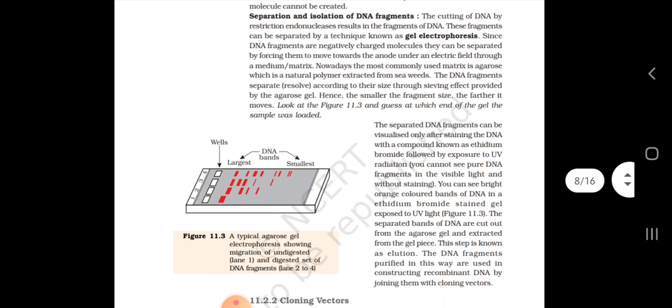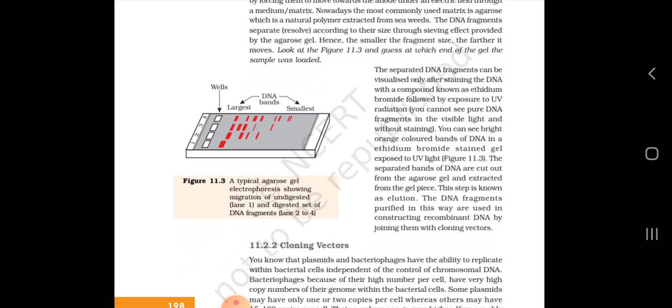The agarose gel forms a finely networked structure, a sieve-like structure with very small pores in it, through which, depending on the size of the DNA fragment, it gets moved.